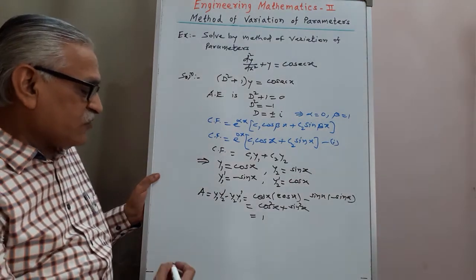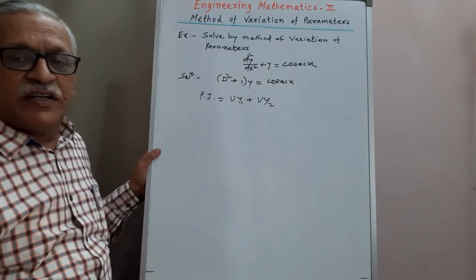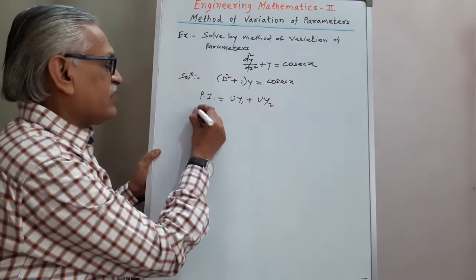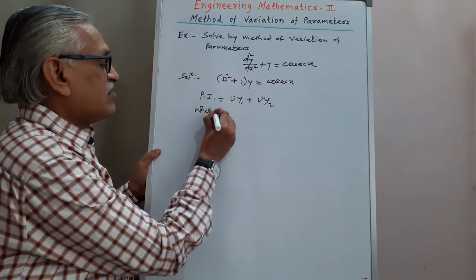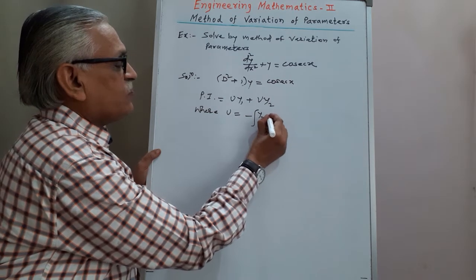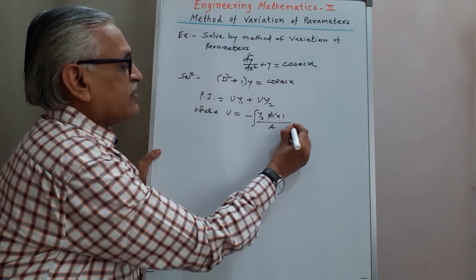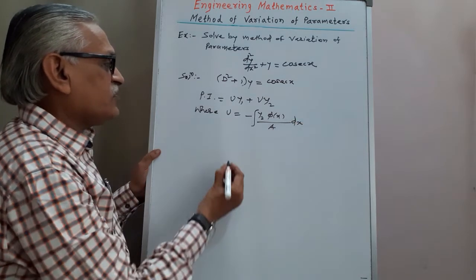Then we try to find the value of PI. It is u y1 plus v y2, where the value of u is minus the integration of y2 phi of x divided by A with respect to x.